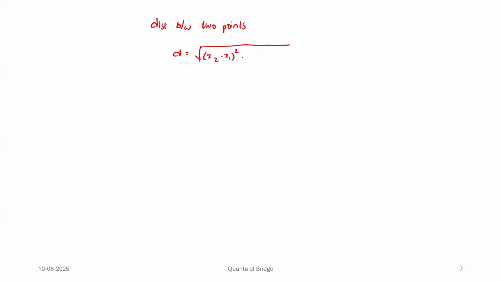You can write it in any way. In the handbook, the formula is given in such a way that y2 minus y1 whole square plus x2 minus x1 whole square. Am I correct?